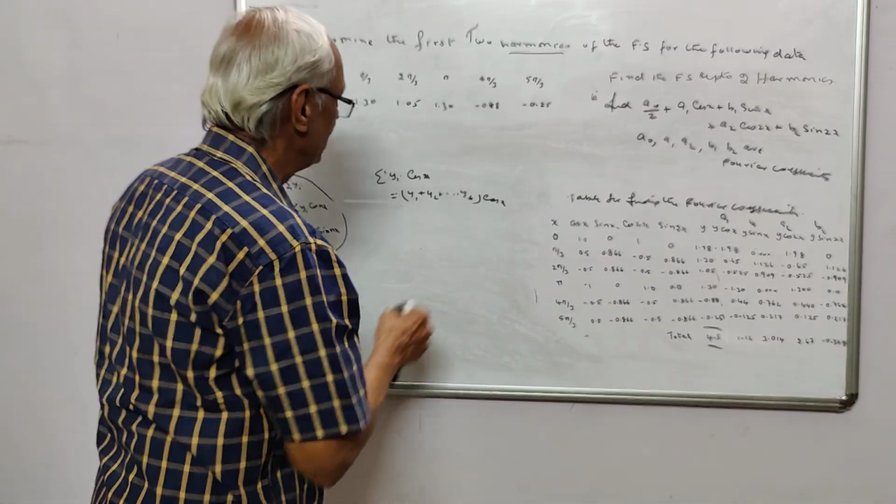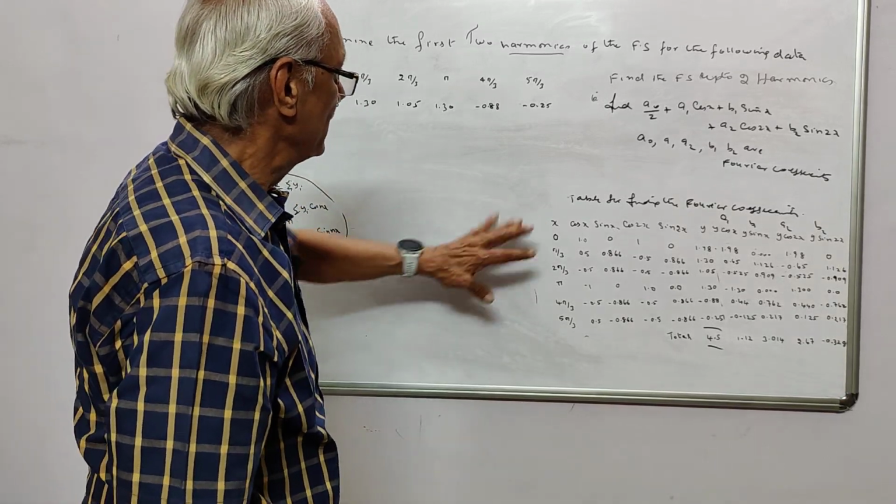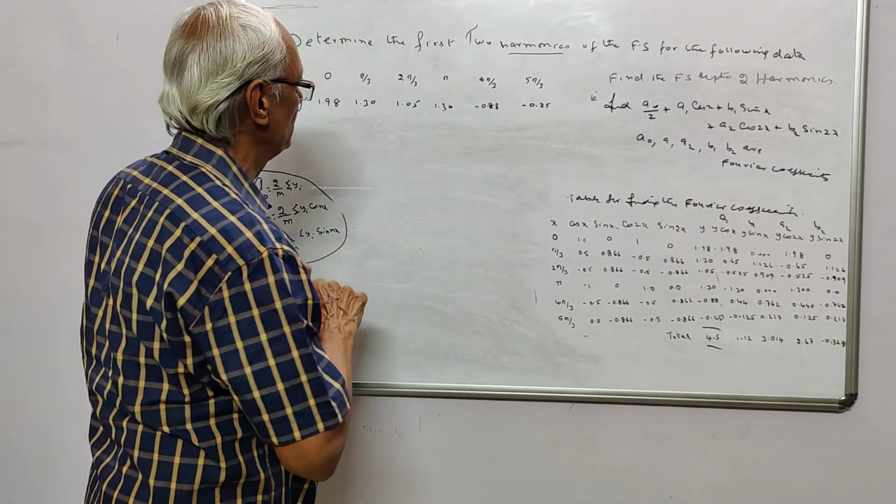So we prepare the table. How do you prepare the table? I will explain this. This is divided into 6 equal parts, 0 to 2 pi.